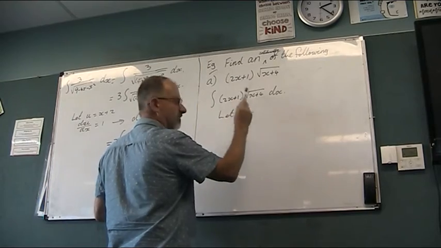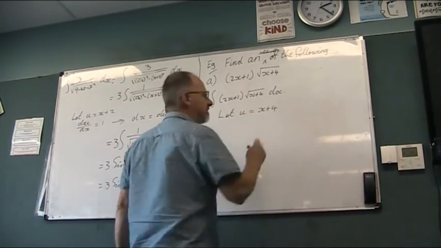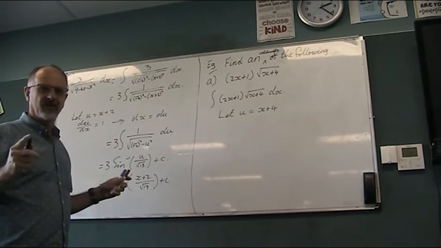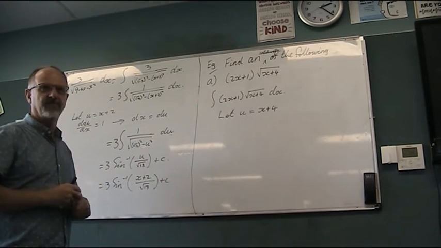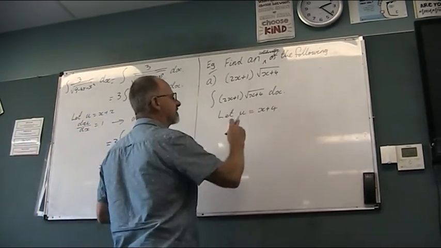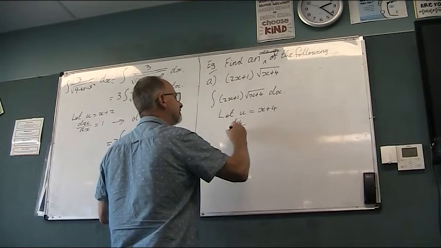The square root of x plus 4. So let u equal x plus 4. When I say look at the one that's most complicated, it may not always work, but it's a good starting point. Just x plus 4 for the u. Yep. And du dx is 1.